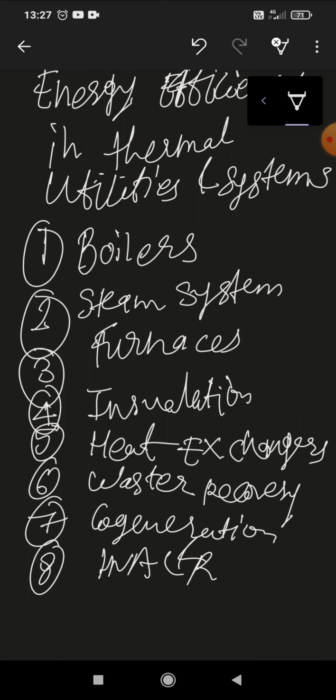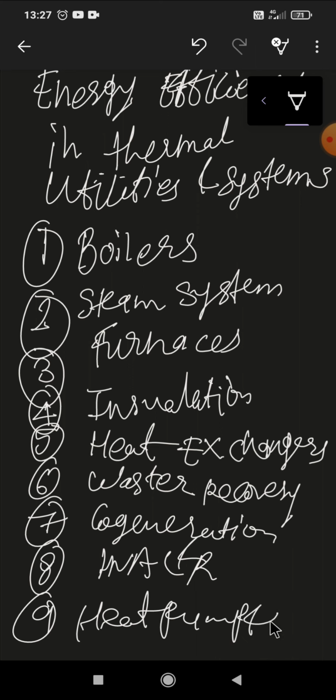At the last we saw heat pumps and their applications: how heat pumps are used, how they work, and where cold storage is involved. These are the main topics we discussed in this chapter.